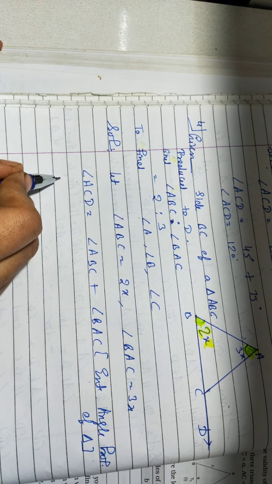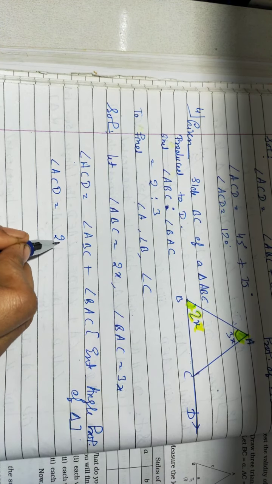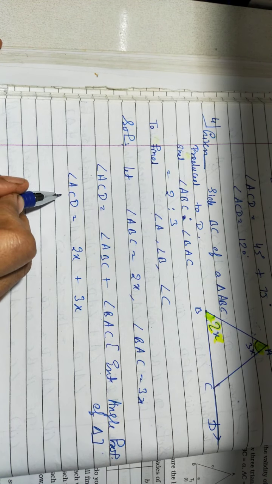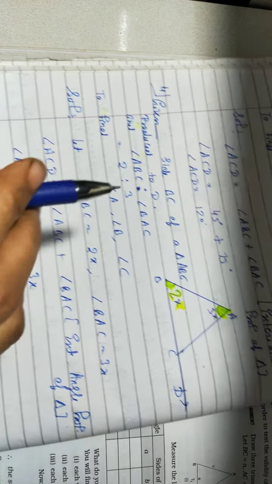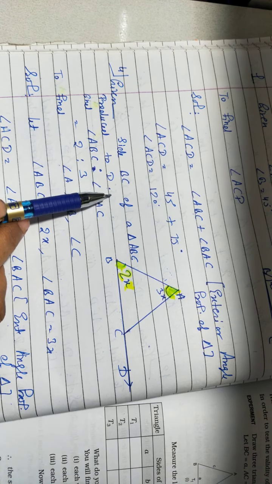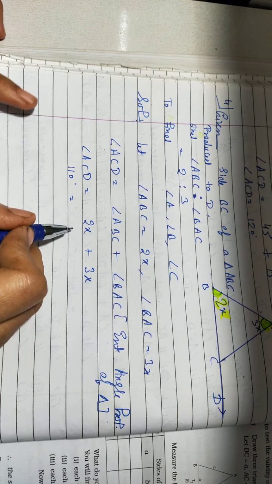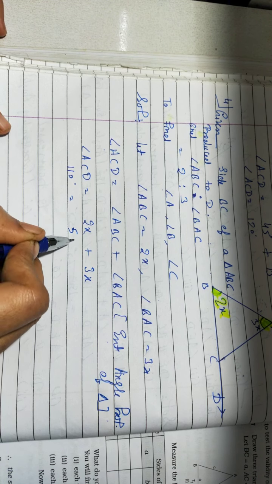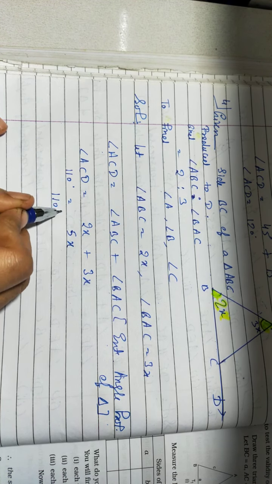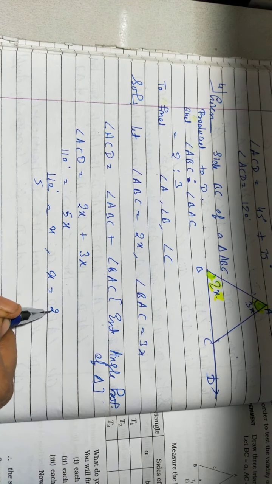Then angle ACD is equal to ABC as 2x plus this one as 3x. Sorry, I missed this step. Here we will write angle ACD measure as 110 degrees. ACD as 2x plus 3x as 5x. Yes, from here we will get x as 110 by 5. X is equal to how much?